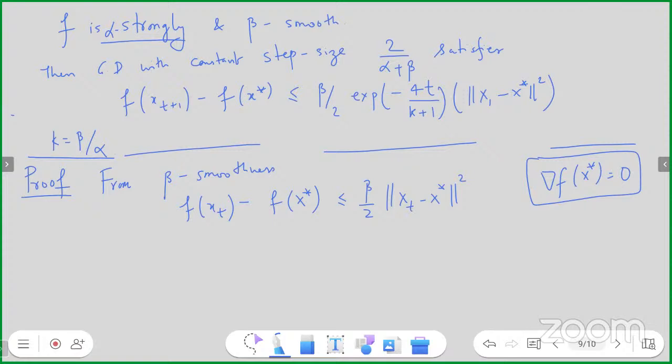Norm of gradient of f of xt is less than or equal to, what do I have? Norm of gradient at xt minus gradient at x star is less than or equal to beta times norm of xt minus x star. Okay, that much is true. Gradient of f of x star is zero.